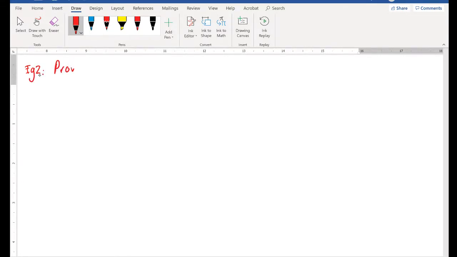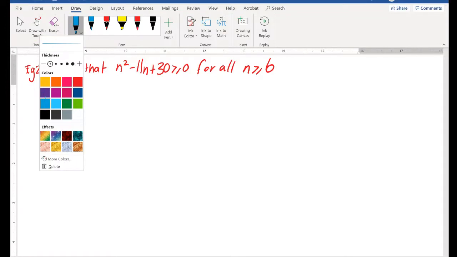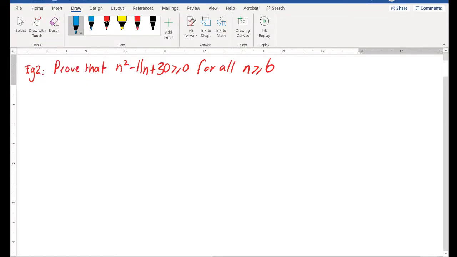Prove that n squared minus 11n plus 30 is greater than or equal to 0 for all n greater than or equal to 6. If you want to, pause the video here and give this a go from this point. See how far you can get, if you can do it all, and then check with my solution.